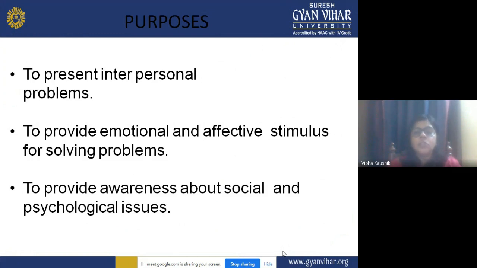To provide emotional and effective stimulus for solving various problems. To provide awareness about social and psychological issues related to a particular society or situation.